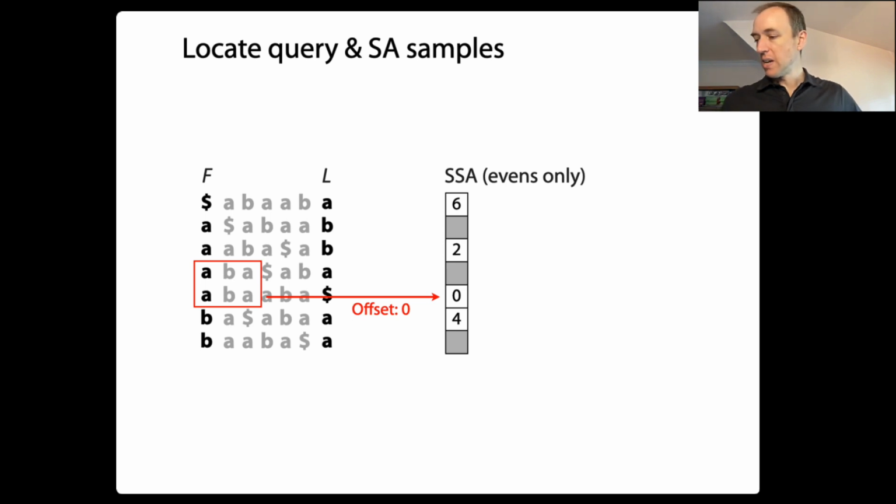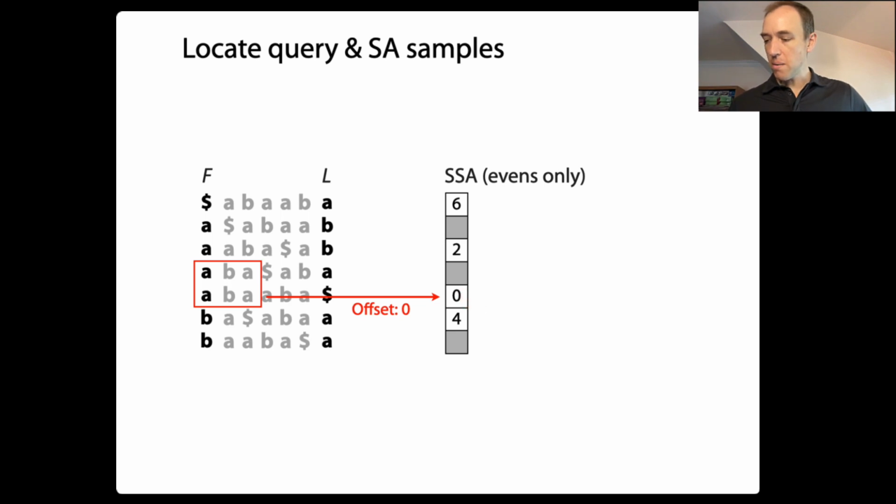Then when it came time to look up the offset of this pattern match of ABA, we would look over in the corresponding element of our sampled suffix array, with some associative data structure, and we'd see we kept a note about what suffix array offset was present for this row of the Burrows-Wheeler matrix, so we get offset 0.